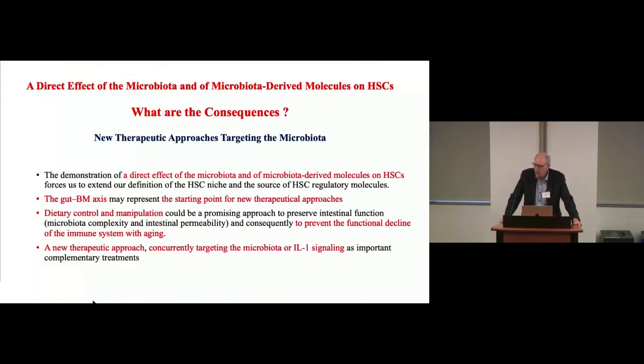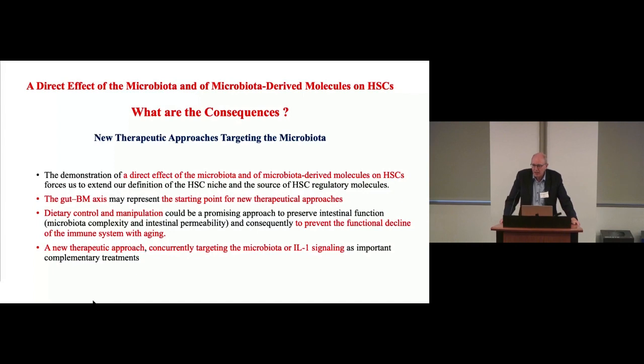What are then the consequences of all this? Have we new therapeutic approaches targeting the microbiota? And I will actually put as a very, very important thing to say shortly, a healthy lifestyle.